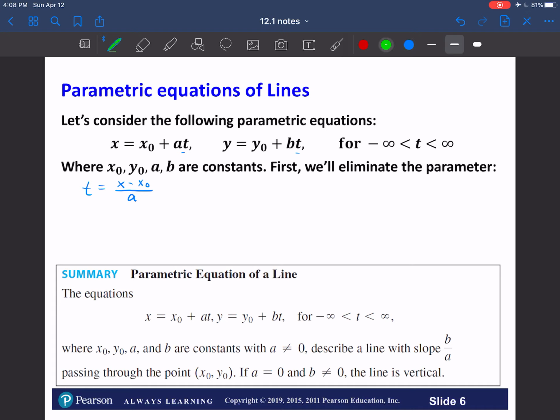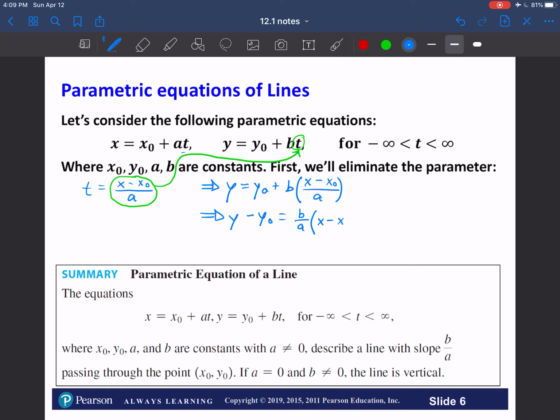And we are going to insert it right there. And so that will give us that y is equal to y naught plus b times x minus x naught all over a. And if we write this a little cleaner, we get that y minus y naught equals b over a times x minus x naught. And does this look familiar?